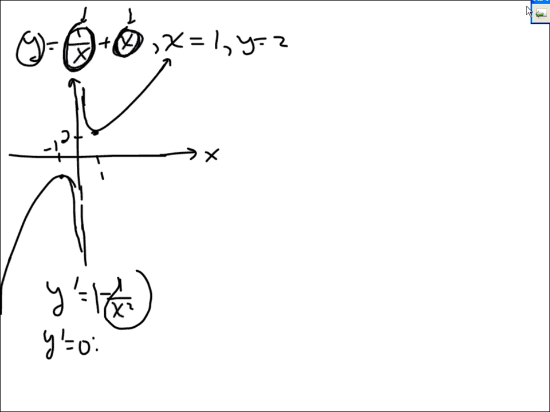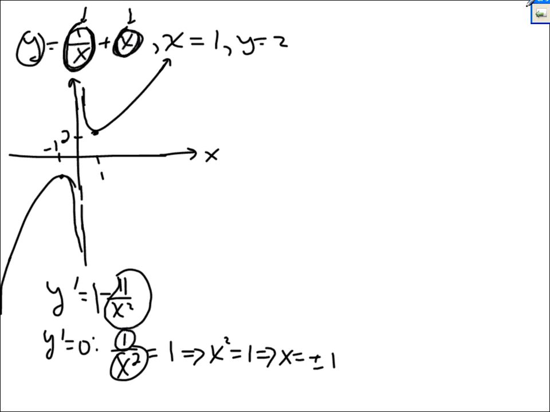Well, this must be 1. 1 minus 1 is 0. So 1 over x squared must be 1. The numerator is 1, so the denominator must be 1. So x is either plus or minus 1. In particular, at 1, the derivative is 0.